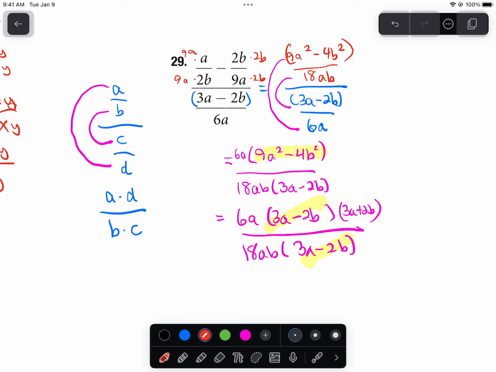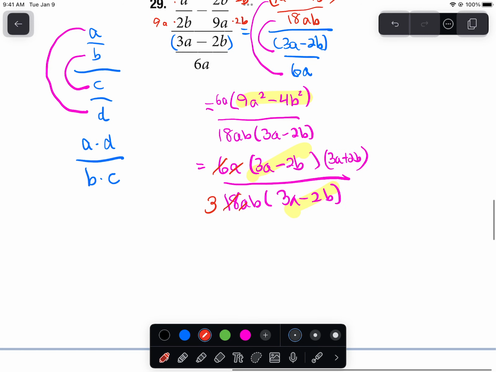If I cancel out 6 here, 6 goes into 18, leaving me a 3 in my denominator. And then the a's are perfect matches. So then we're ready. Our answer, only thing left on top is 3a plus 2b. The only thing left in the bottom is a 3b.